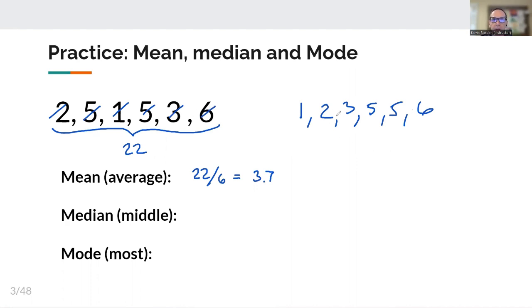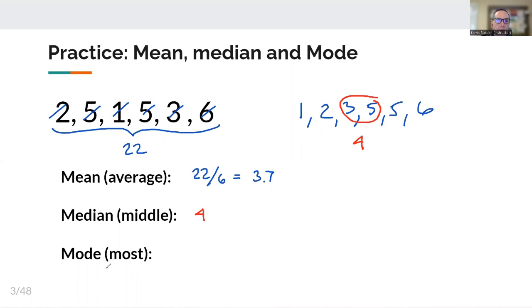When we have an even number of values, we will not have a middle. There's no middle here. So we need to take the average of the middle two. Here are the middle two. 3 and 5, the average of those is 4. 3 plus 5 divided by 2 is 4. So our median would be 4.